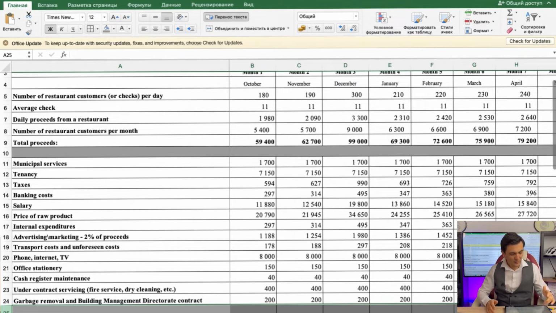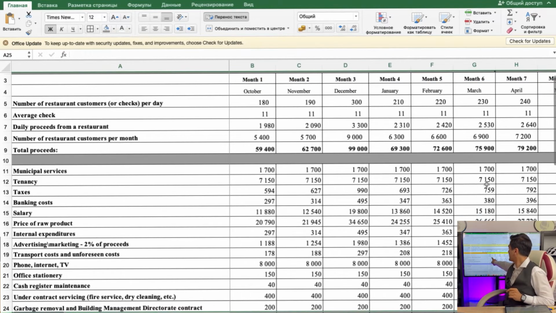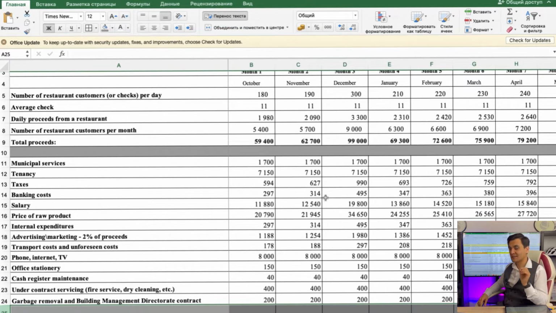So let's move on. The proceeds the restaurant has per day. Namely, if you have 180 checks a day, 800 rubles each, your proceeds will account for 144,000 rubles. Further on, you take 180 and multiply it by 30, the number of customers. What you get is 5,400 people.